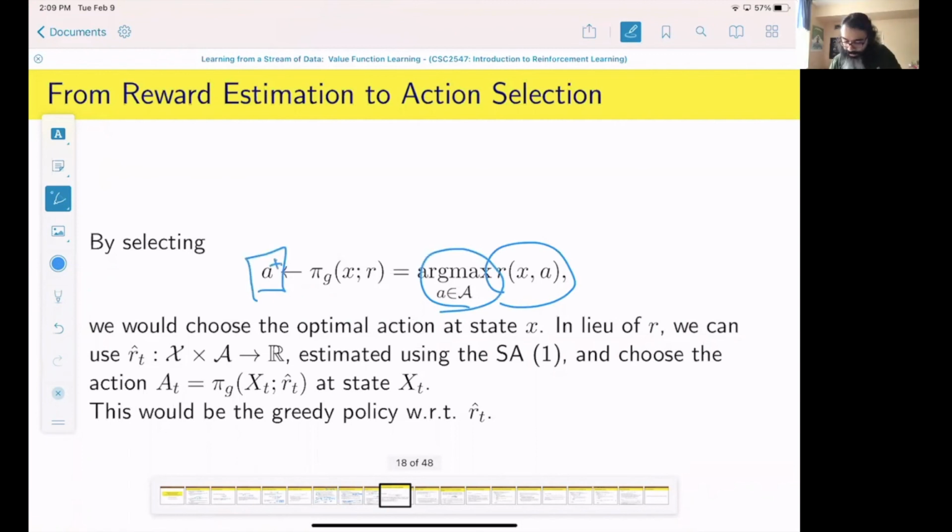So maybe A star, the optimal action, would be pi of x. Here we don't have R, but we have defined a procedure for estimating R by R hat of t. So we can compute the greedy action using R hat of t.